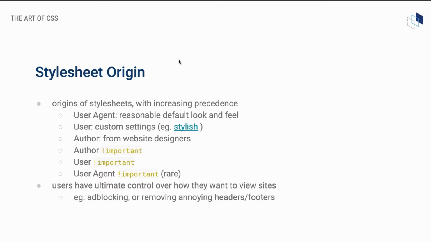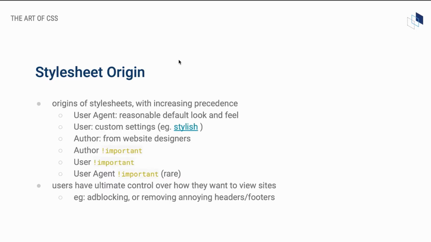And then we have author bang important. If you ever come across a CSS file with bang important, what's happening is that the author of that CSS is basically trying to escape out of the author origin into the author bang important origin style sheet to give it higher precedence. But let's not forget that users can specify their own bang important as well.